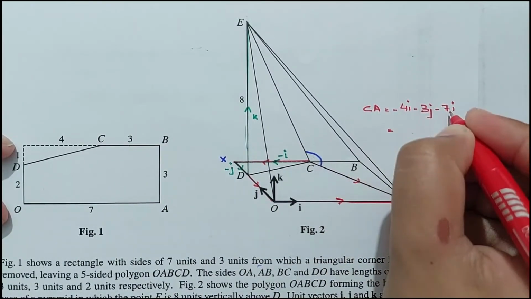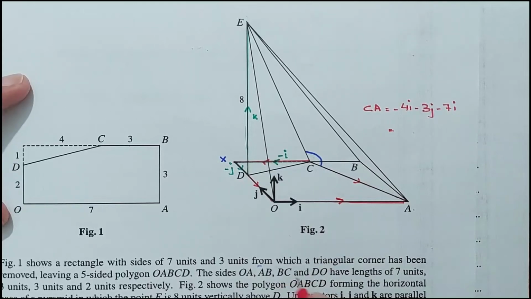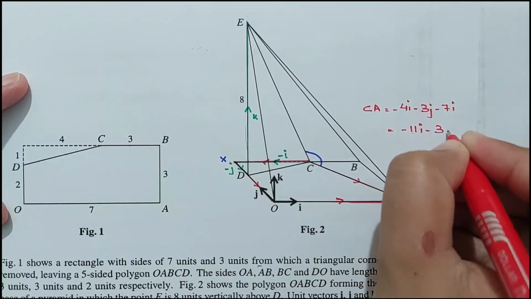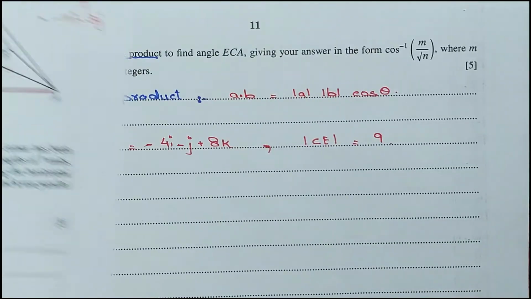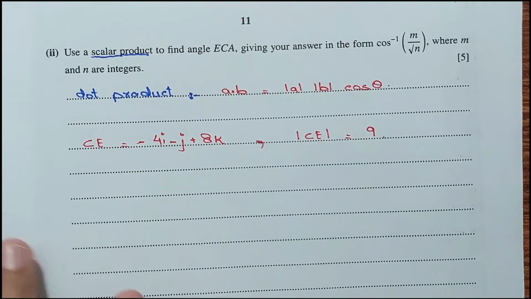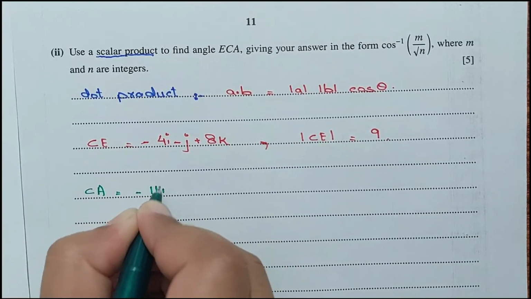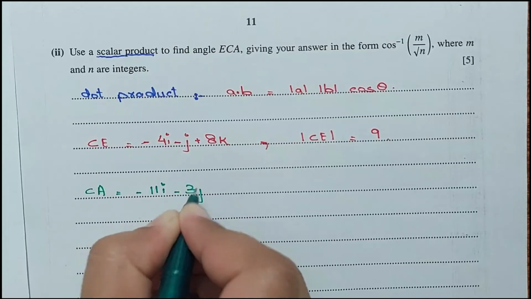Let me solve: minus 7i and minus 4i, that is minus 11i and minus 3j. This is my CA. Let me write this down. CA is minus 11i and minus 3j.